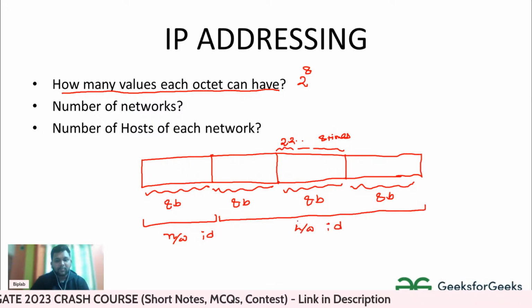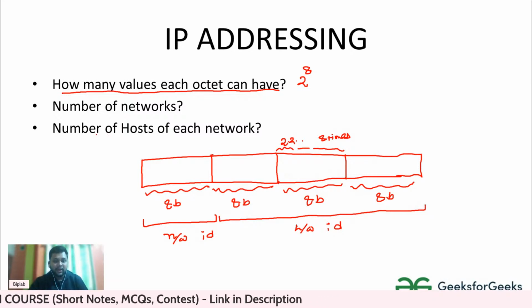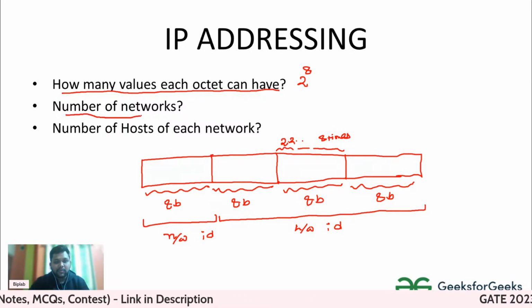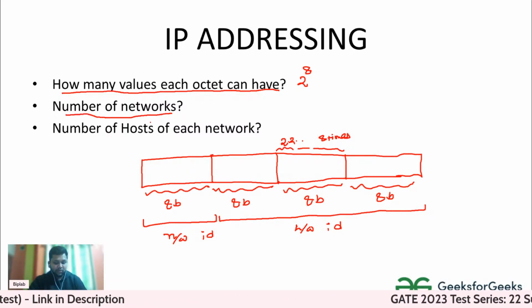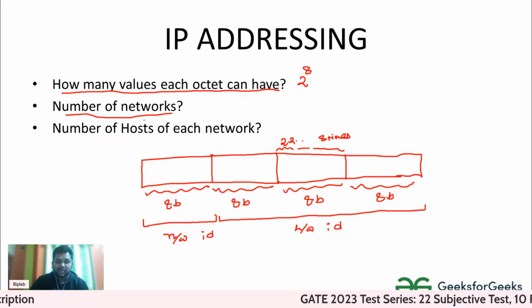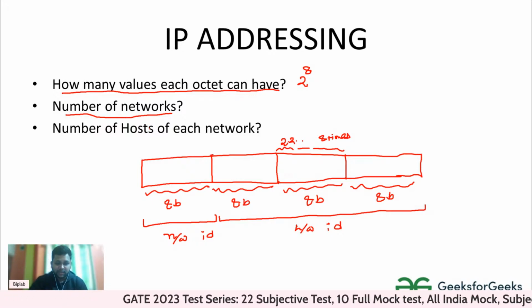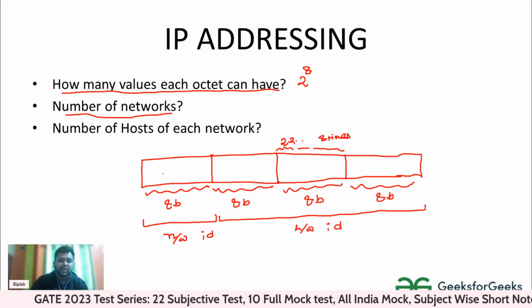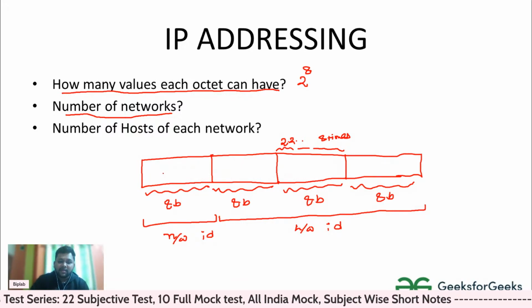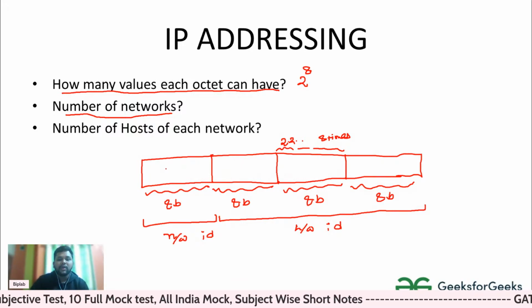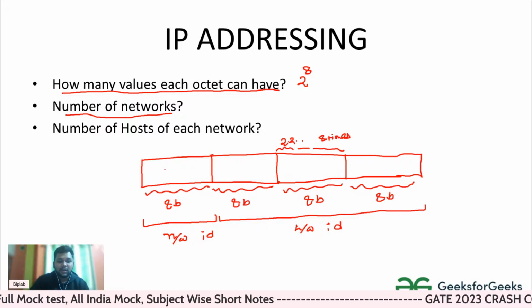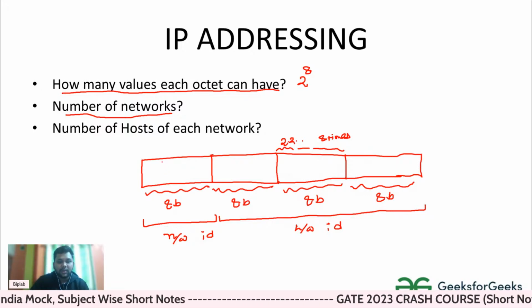In that case, tell me how many possible networks are there. We are not talking about any classes of IP addressing currently; we are taking it as general. If we represent the first octet as a network ID, then how many different network IDs can we generate?